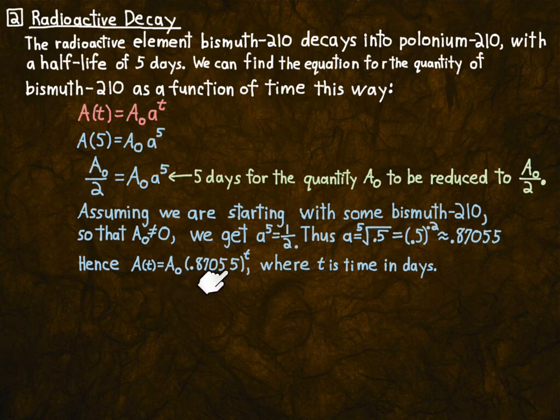I put that in parentheses mostly because of the decimal point. It just makes me more comfortable to have that in parentheses. It's not really necessary there, but I put it there anyway. Where the time is in days. Why is the time in days? Because the half-life is given in days, 5 days.